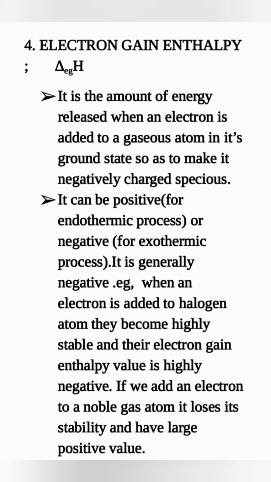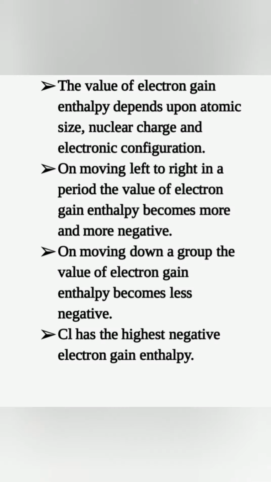Instead of a halogen, if you take a noble gas atom and add one electron, what will happen? It loses its stability and has large positive values for electron gain enthalpy. So in the case of halogens it will be negative, and in the case of noble gases it will be a positive value.